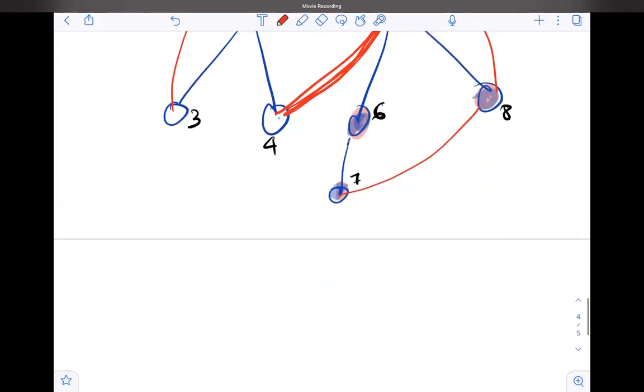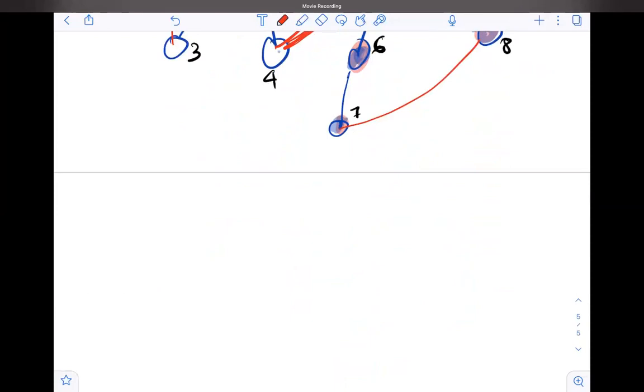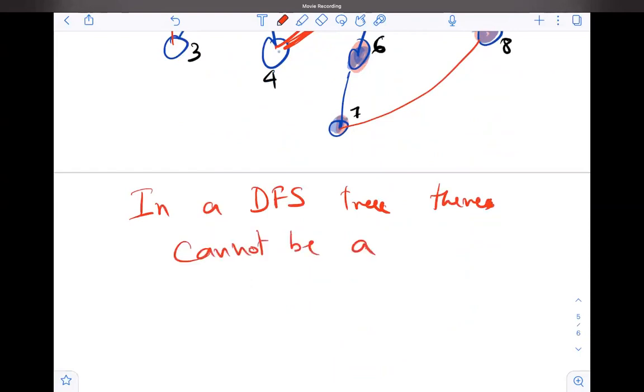So basically, in a DFS tree, there cannot be a cross edge.